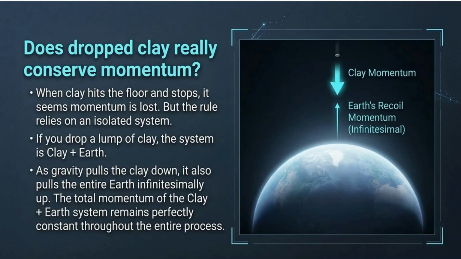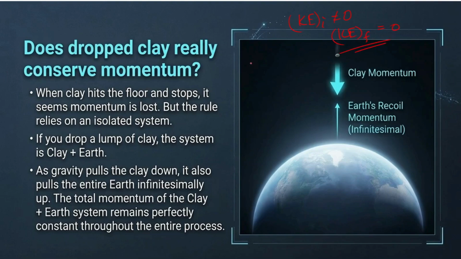Here is a very important, historic question. Suppose I drop a lump of clay, it hits the floor and stops. It appears that the clay's momentum has disappeared. That means KE initial has some non-zero value, but KE final of the clay is zero.